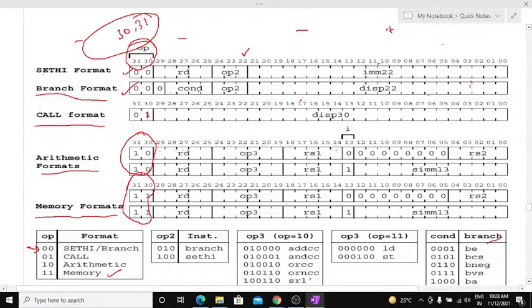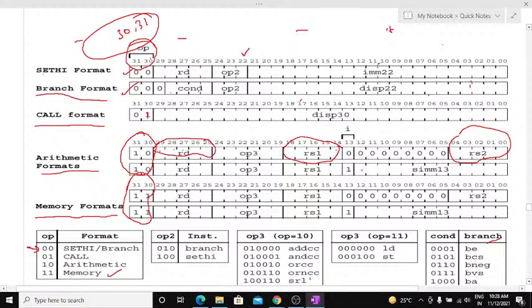Then it depends. For example, in arithmetic there are two registers involved, so this particular location is reserved for RS1, RS2 and the destination register.